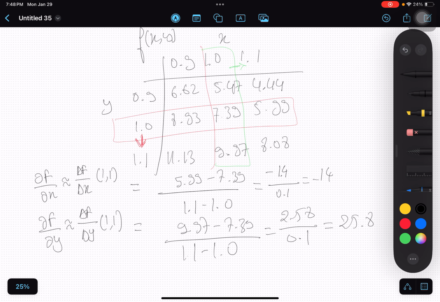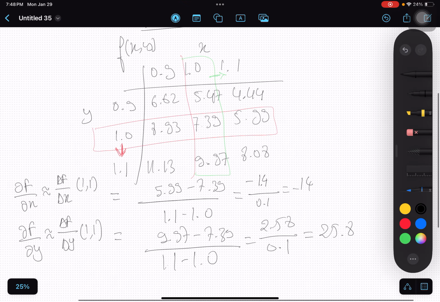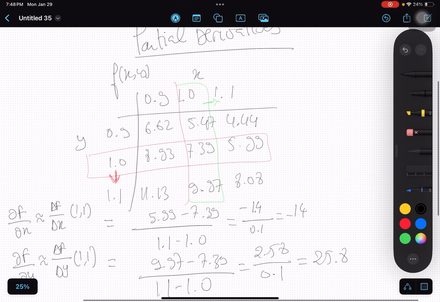So this means the slope of the function f of x,y when moving in the y direction and keeping x constant is approximately 25.8.